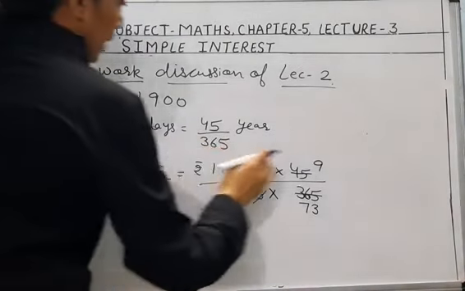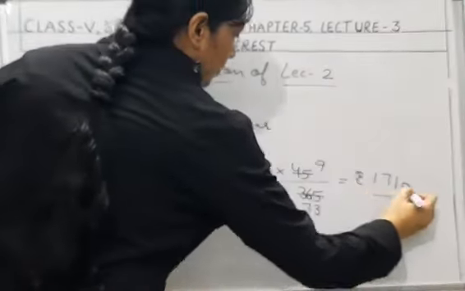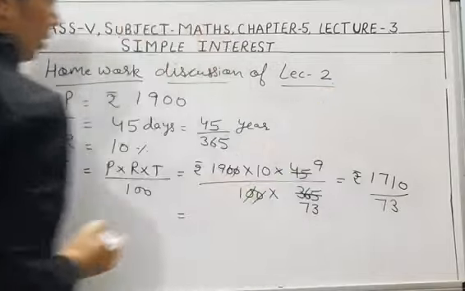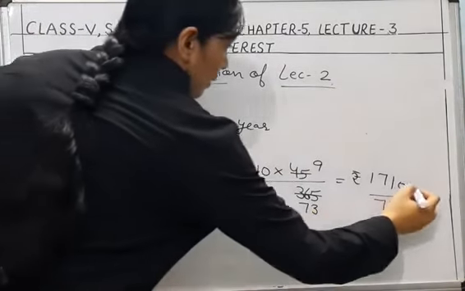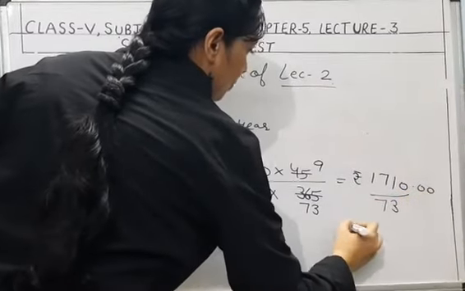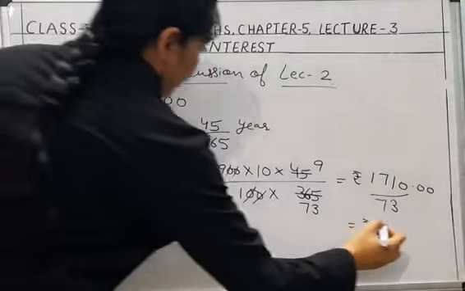Now 19 multiply 9, 171 and 1 0 is also here upon 73. After division, you have to divide up to 2 places of decimal. So you can take like this also. You will get rupees 23.42.